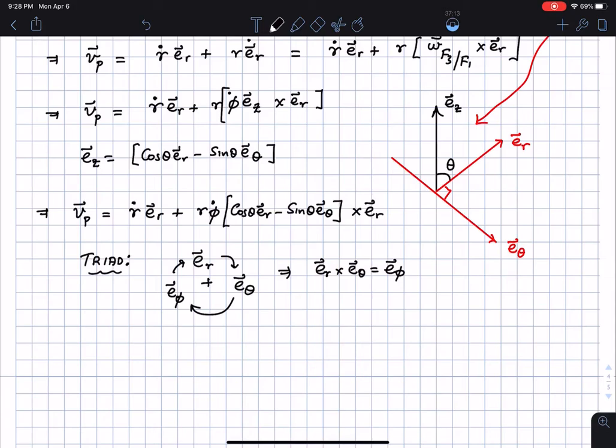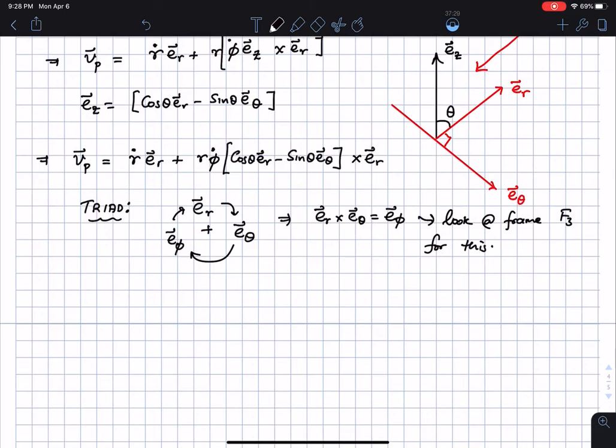This is how the coordinate frame was drawn. Frame F3 was drawn this way, so look at frame F3 for this. If I do the cross product, E theta cross ER is minus E phi, and so the velocity is obtained as follows. VP is R dot ER, some radial component, and then some component in the phi direction because of the rotation of the tube. So this is R phi dot sin theta E phi. This is the velocity.